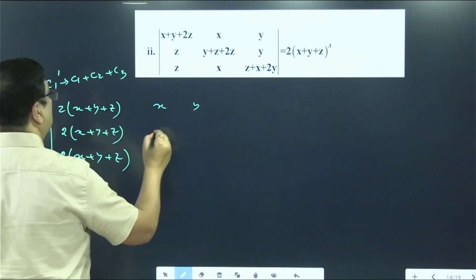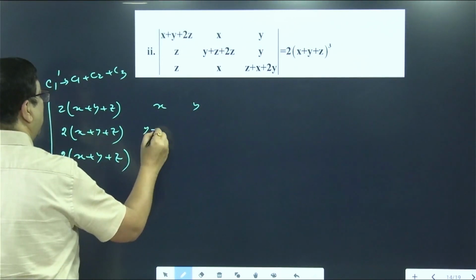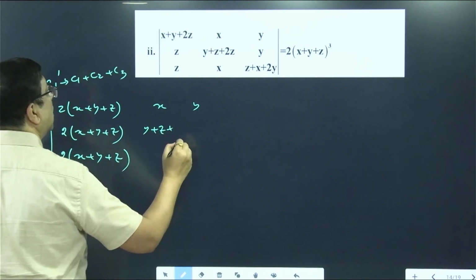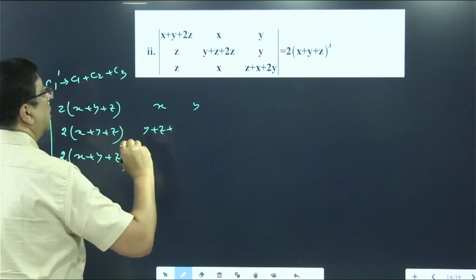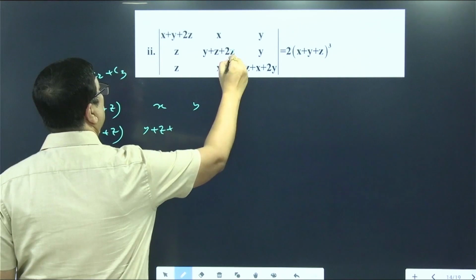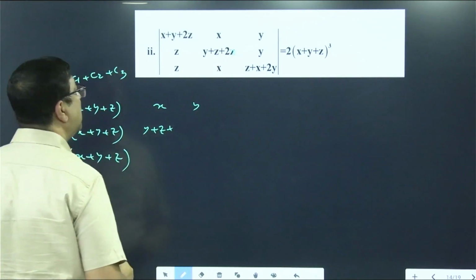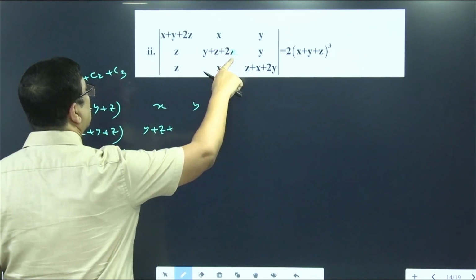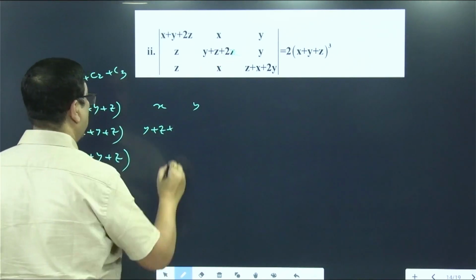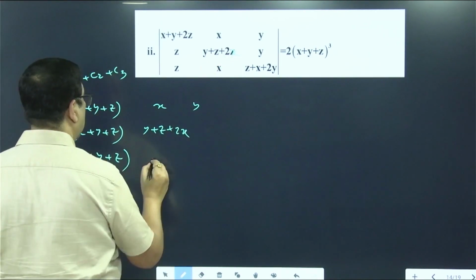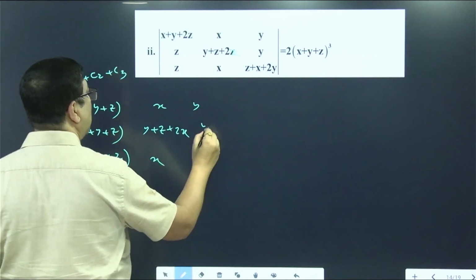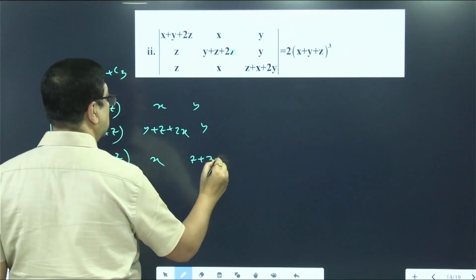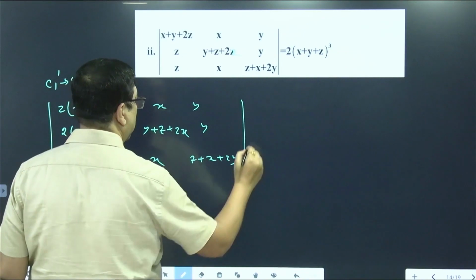X, y, y plus z plus 2x, it is a printing mistake here. And here it is coming x, and here y, y, z plus x plus 2y.